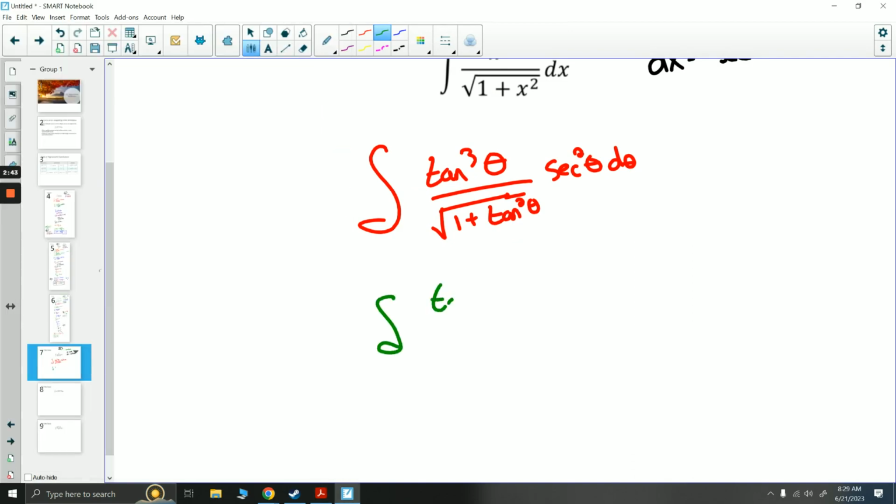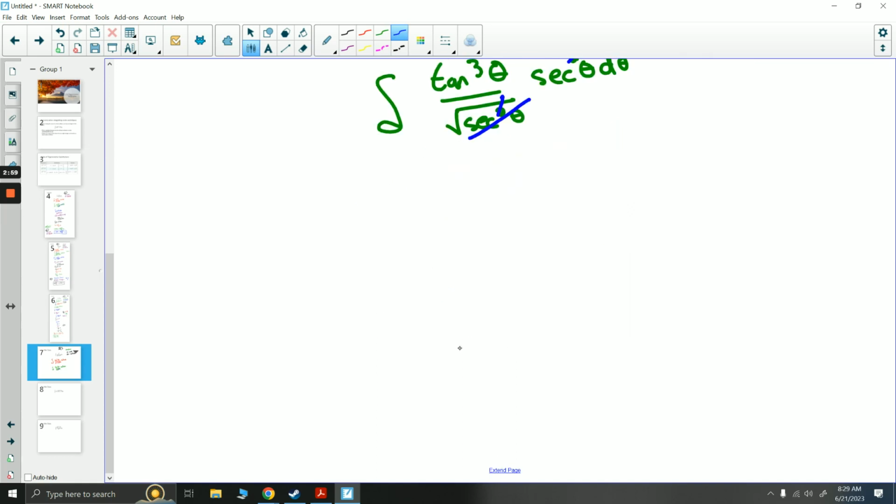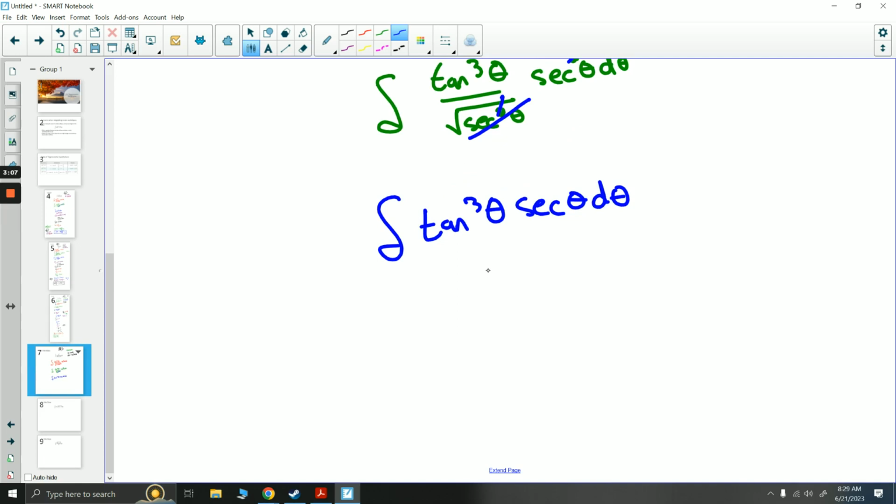So we have the integral of tangent cubed theta over the square root of secant squared theta, times secant squared theta d theta. These would cancel, and one of these would cancel with one of those, and we end up with the integral of tangent cubed theta secant theta d theta.